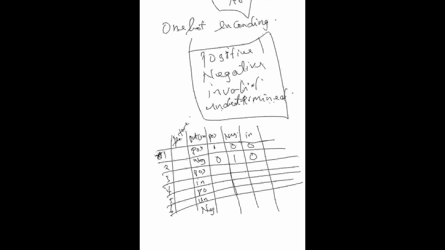It will not add the column for undetermined. I'm just putting it here for the sake of explanation. If this column is not there and we come to a situation of undetermined, it will be 0, 0, 0. If it's 0, 0, 0, then automatically undetermined is going to be the option. That's why it doesn't always add that column.